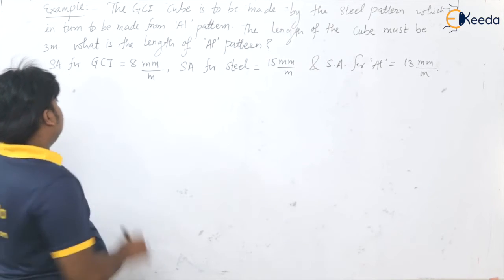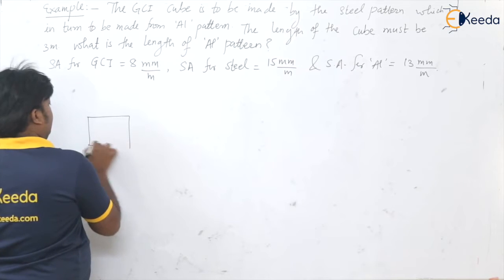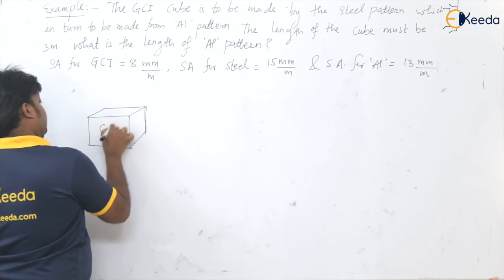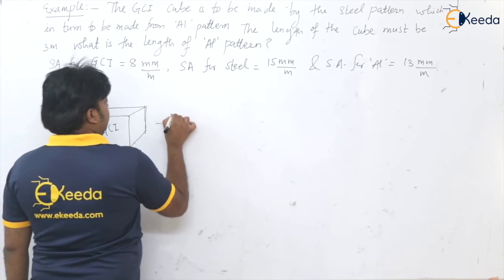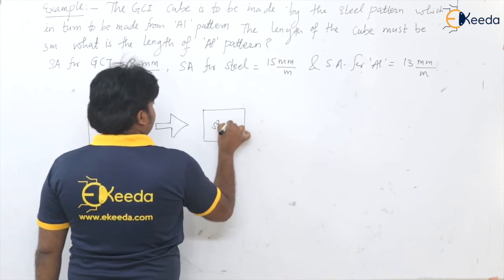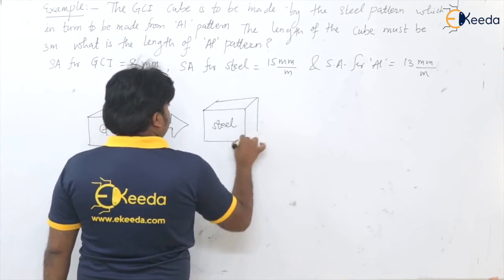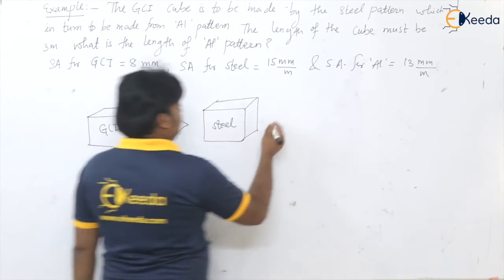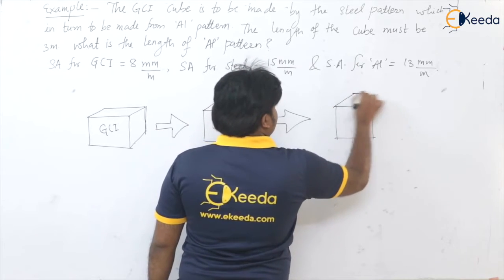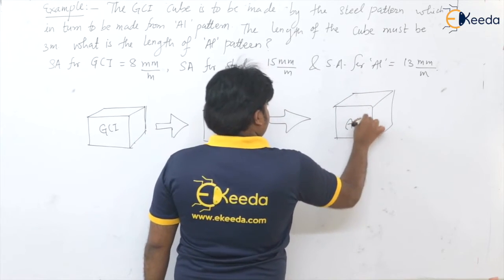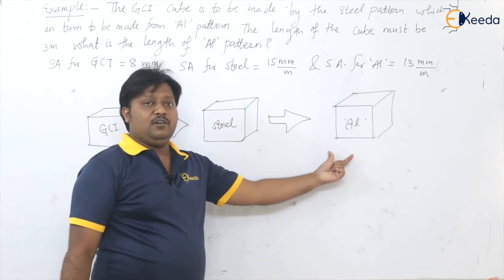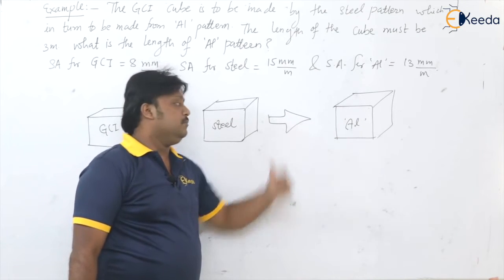Here the cube of grey cast iron is to be made by using a steel pattern, and the steel pattern in turn is to be made of an aluminum pattern, and they are asking for the length of the aluminum cube.